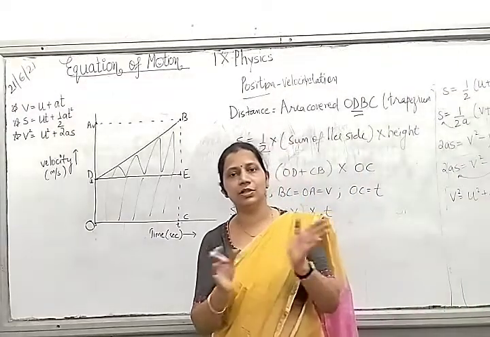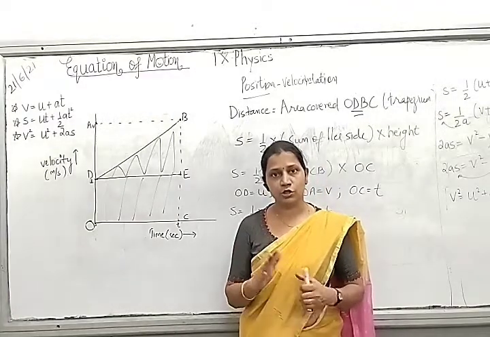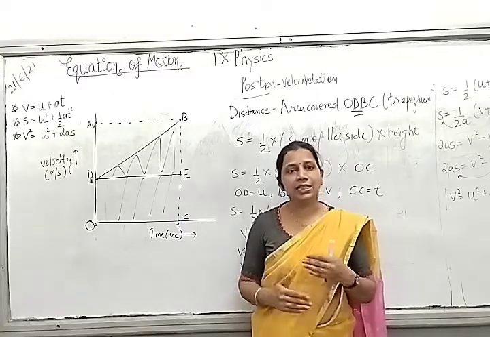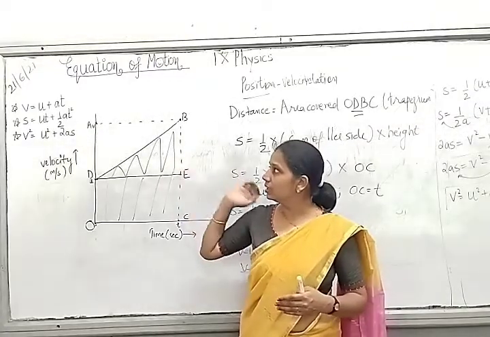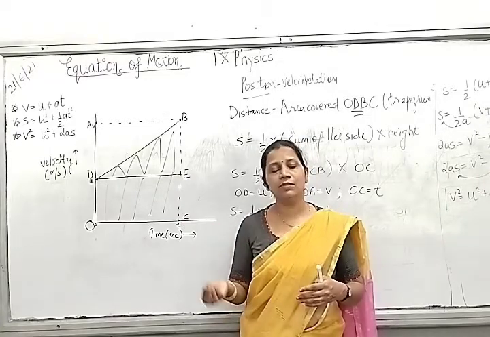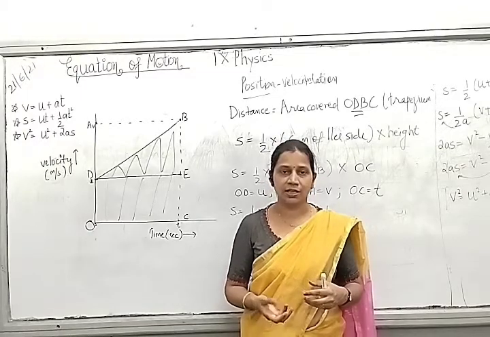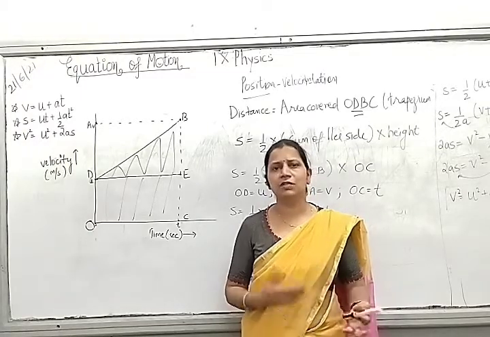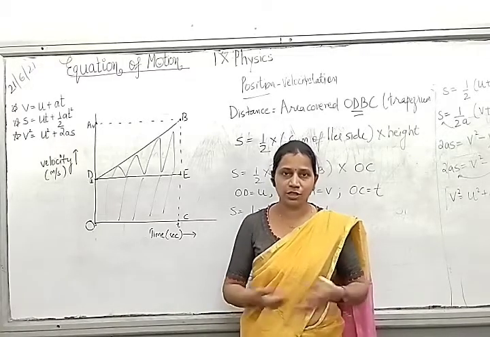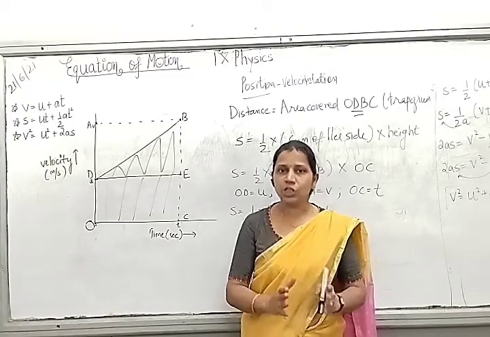So from a single velocity-time graph, I have derived three equations of motion, assuming this is for a uniformly accelerated object. And these three relations we use to find the variables which are missing or not defined in a question. Sometimes position and velocity are given and you have to find time, and there you can use these.